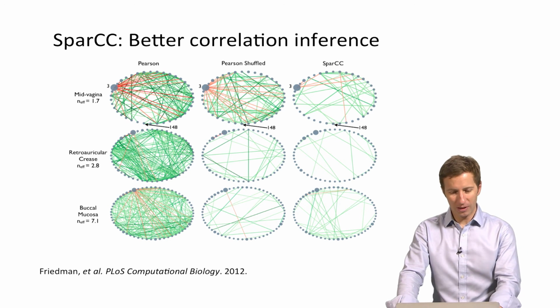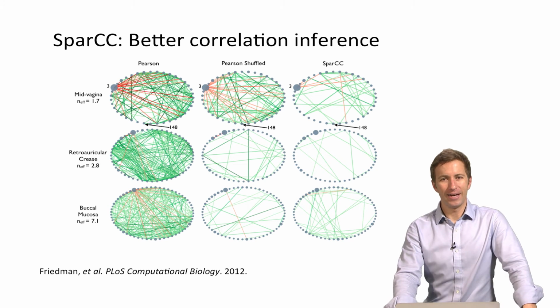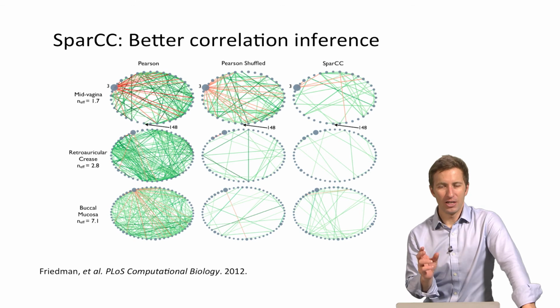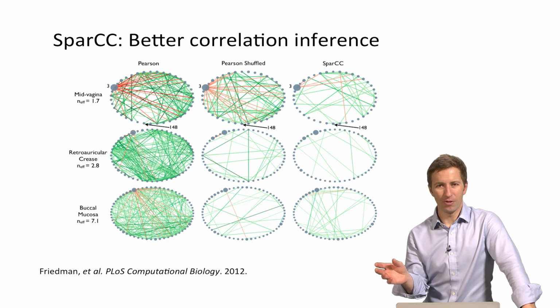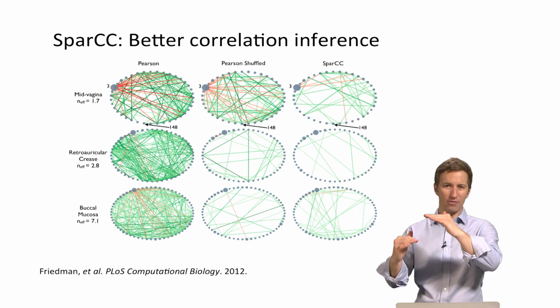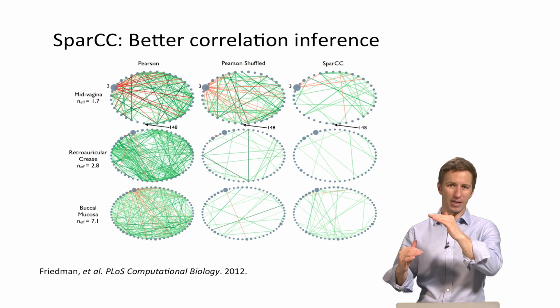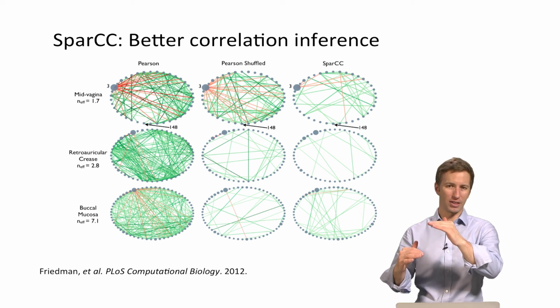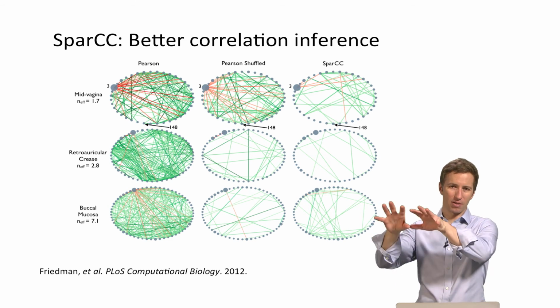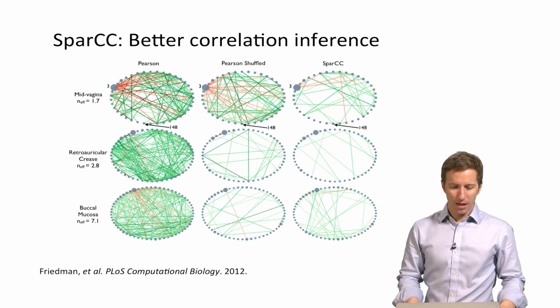But there has been some very successful work in estimating correlation between bugs. So I mentioned in the first graphical example that you would infer that the pink bug was negatively correlated with the other bugs, even though they weren't changing. And you'd infer that the other bugs were positively correlated with each other because they were all going up together.